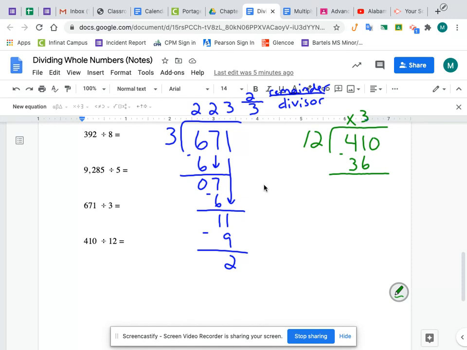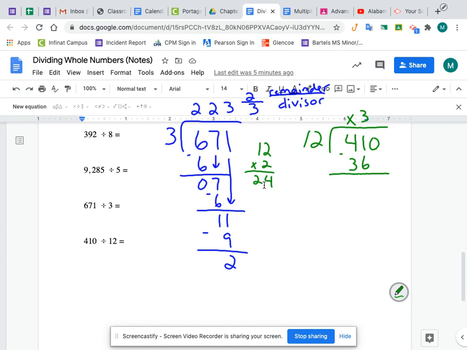You may have to, on the side, write down 12 times 2, that's 24. Well, that's not really close. I can probably get another one in there and keep trying and guessing until you get close. That might be what you have to do for your really large divisor numbers. Maybe some of you, it will click right away and you'll be like, you know what? I know that this is going to get me close.